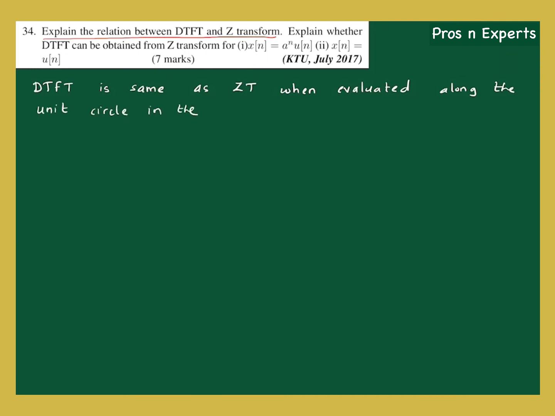Okay, so this is the one line answer for the question, explain the relation between DTFT and Z transform. DTFT is the same as Z transform when evaluated along the unit circle in the z plane. Okay, so why this is so, you may have to refer to the previous video. You will get a good concept on that.